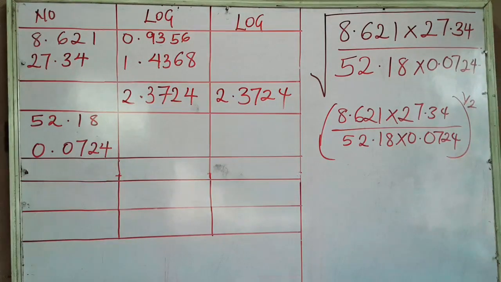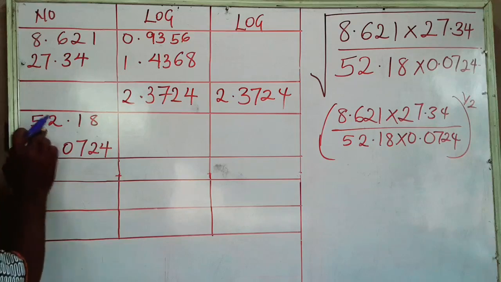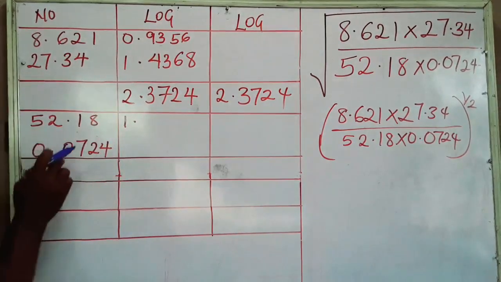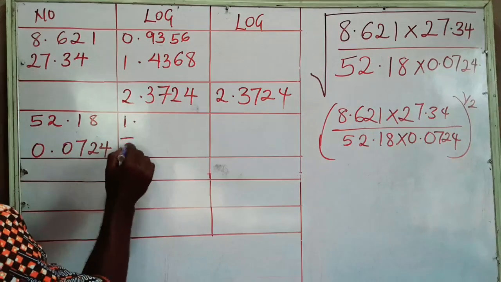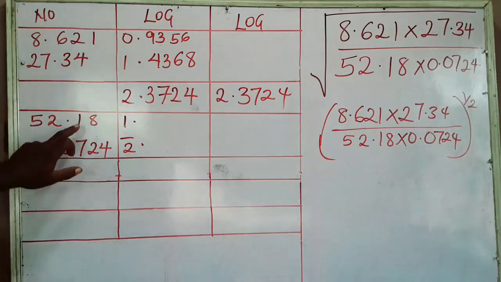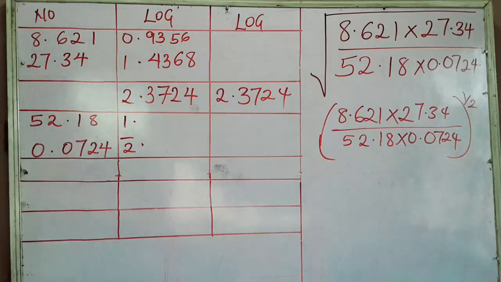The same thing is applicable to the next one. The first thing you are going to do here is this. 52.18 will give you 1 point, but 0.0724 is 0.07, it will give you bar 2 point. These are the first things you must consider in solving questions of this form. Therefore, you will now find 52 under 1, difference 8.